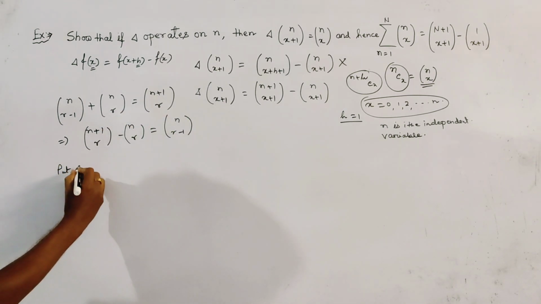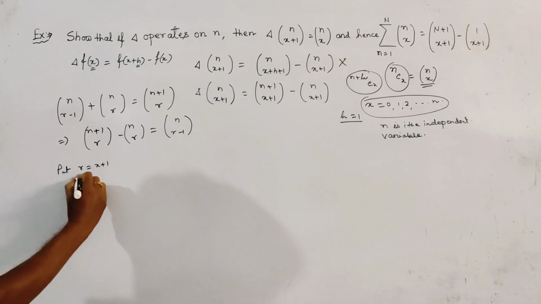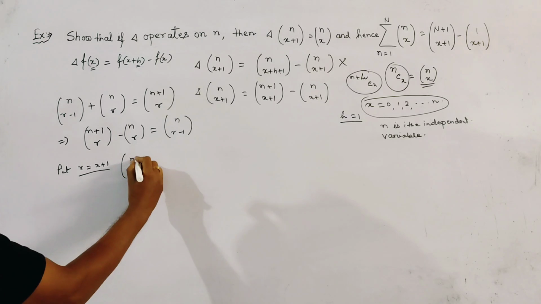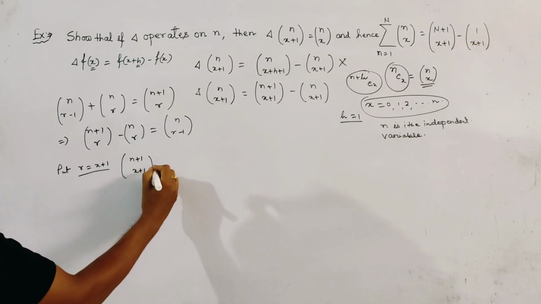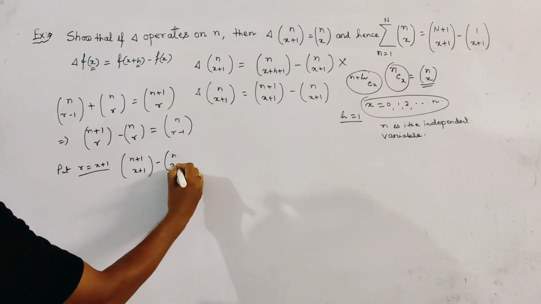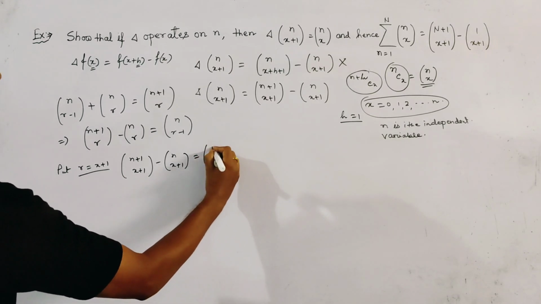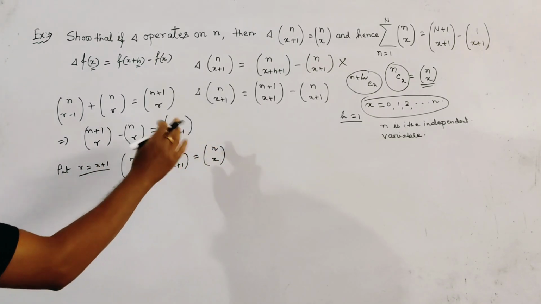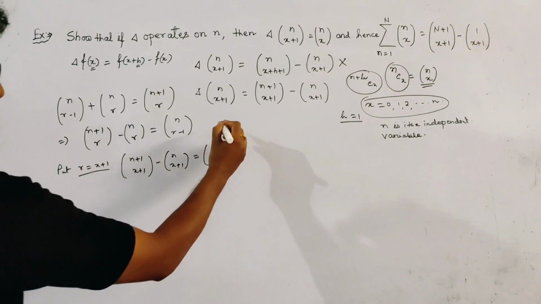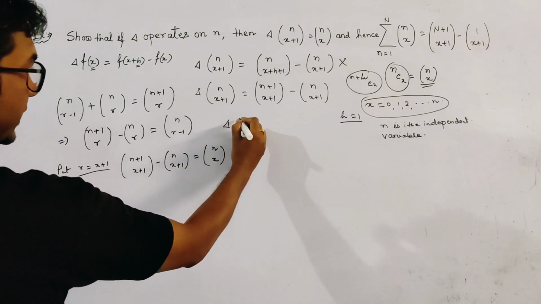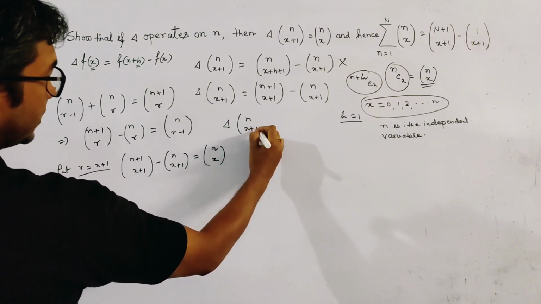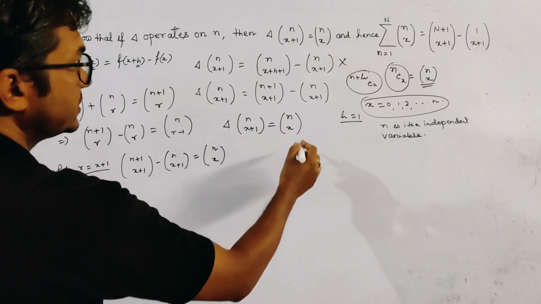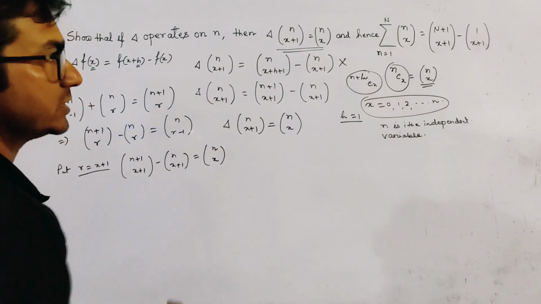Here we put r equal to x+1 to get this result. We get (n+1)C(x+1) minus nC(x+1) equal to nCx, because r minus 1 means x+1-1, so nCx. And we get the result delta nC(x+1) equal to nCx, and this is our first result.